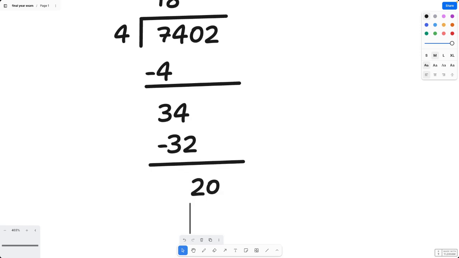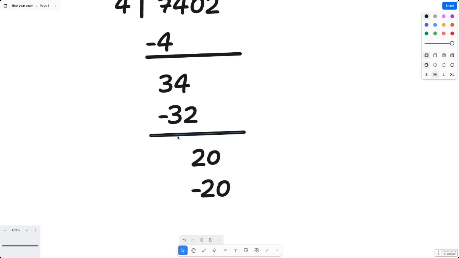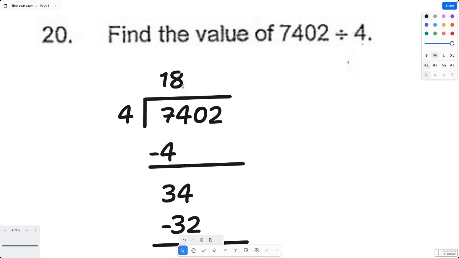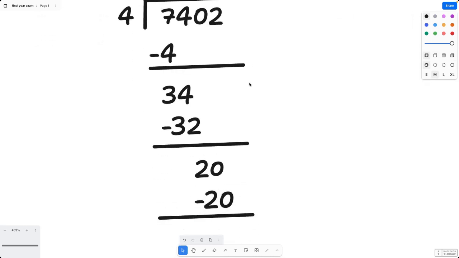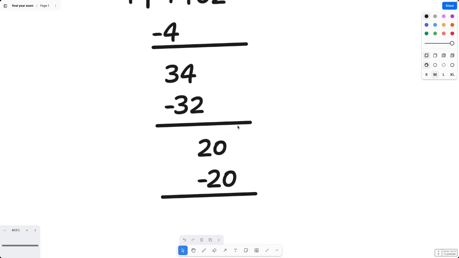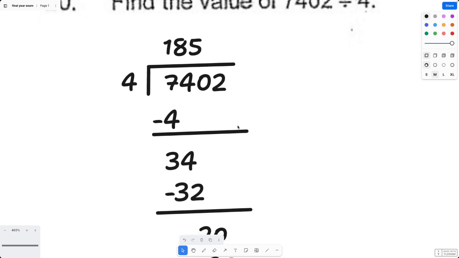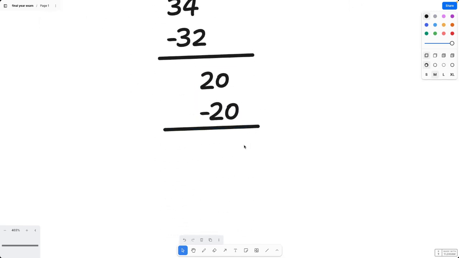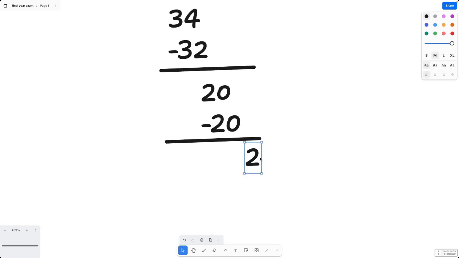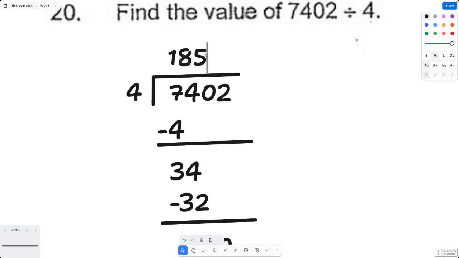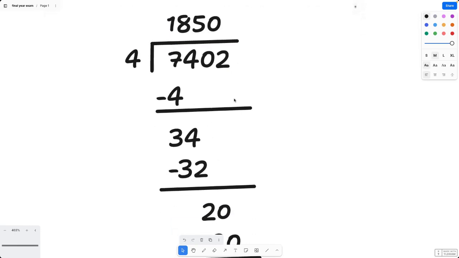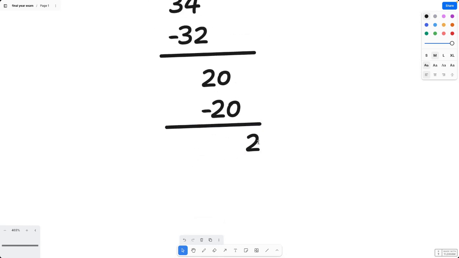So let's do that. So minus 20. What is 20? It is basically 5 times 4. Then this will leave us with 2 over here. We cannot minus 2 over here, so we're going to add a 0 from 2 over here. So 2.0.